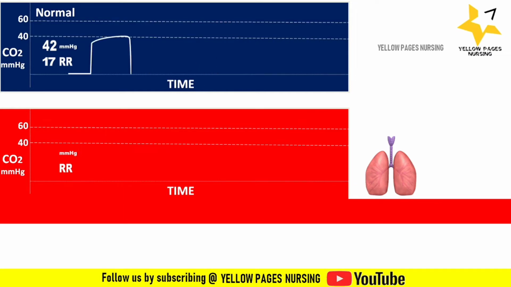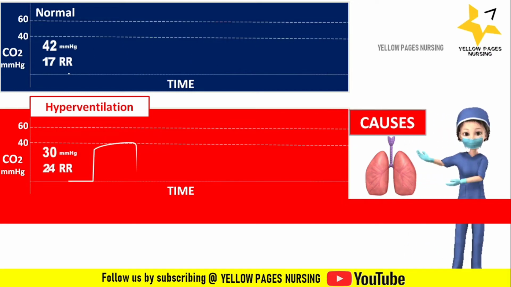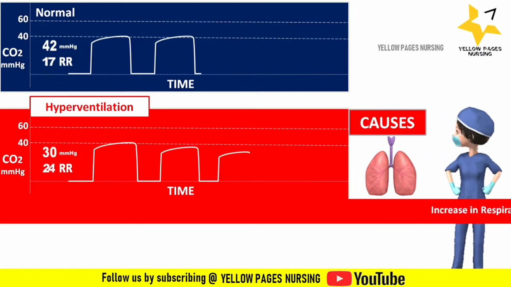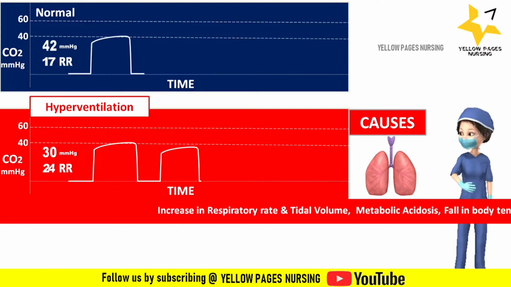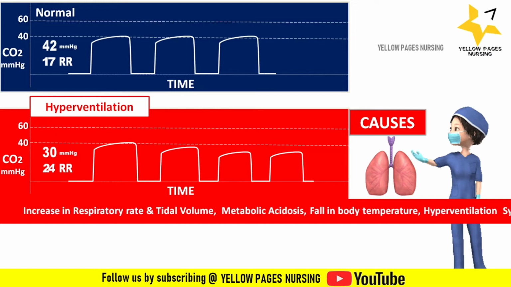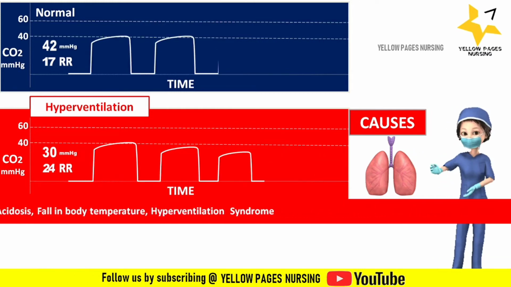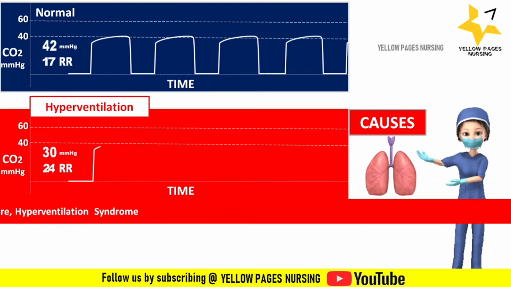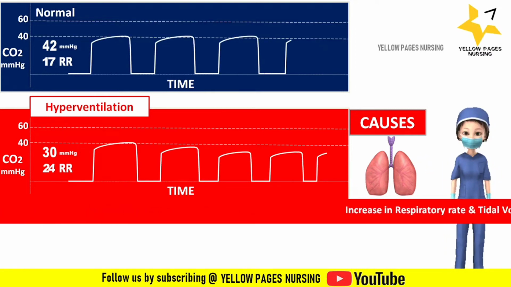Next comes the waveform which denotes hyperventilation. In this type of capnography waveform, the EtCO2 reading is initially within the normal range. As the respiratory rate goes higher, the EtCO2 reading drops down and the waveform goes narrower.